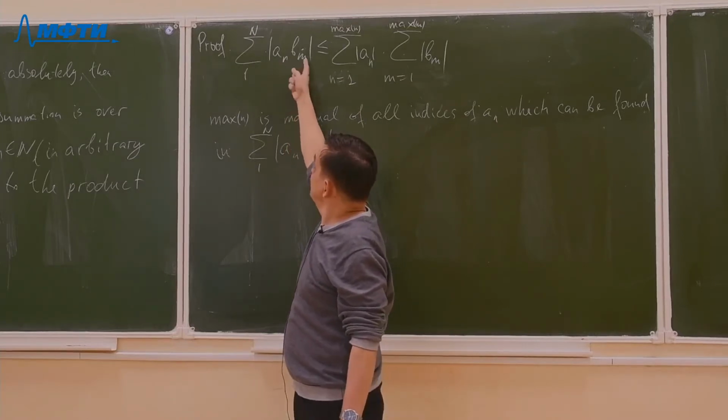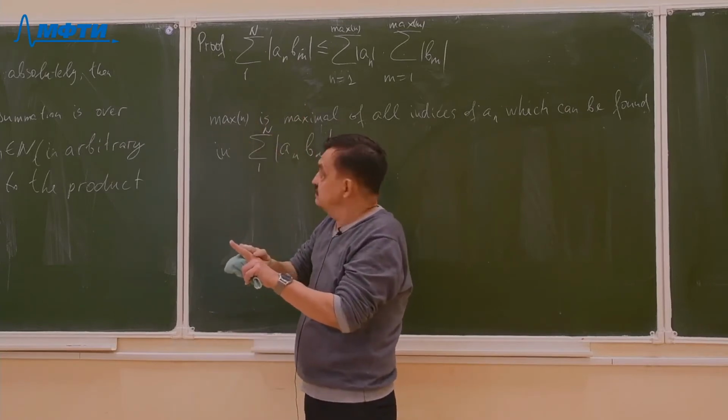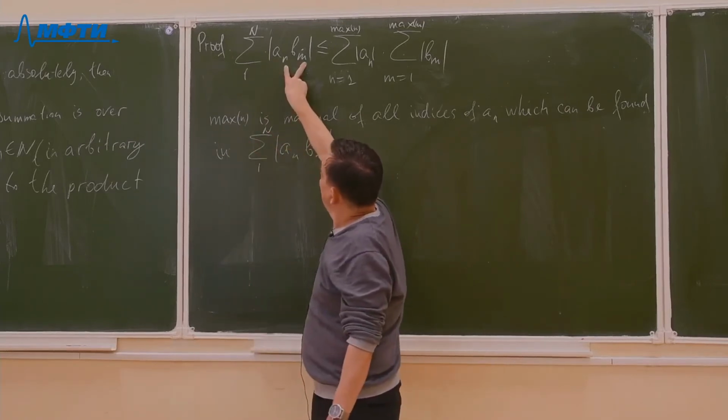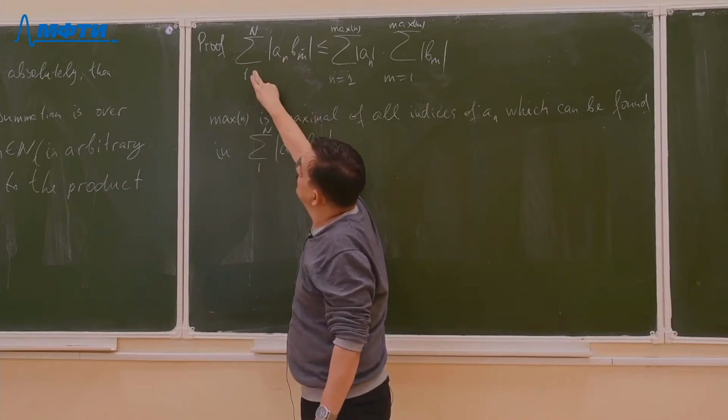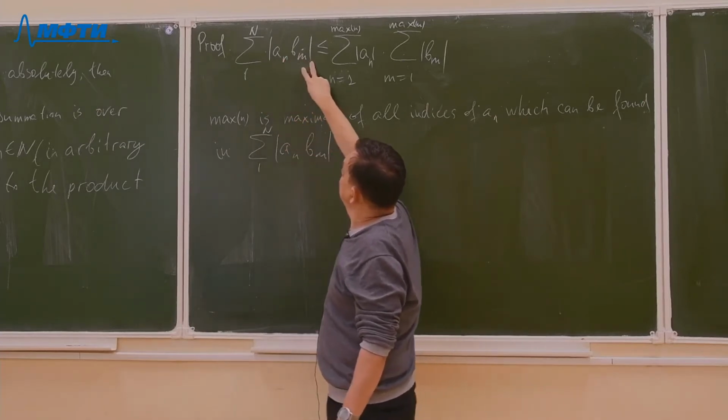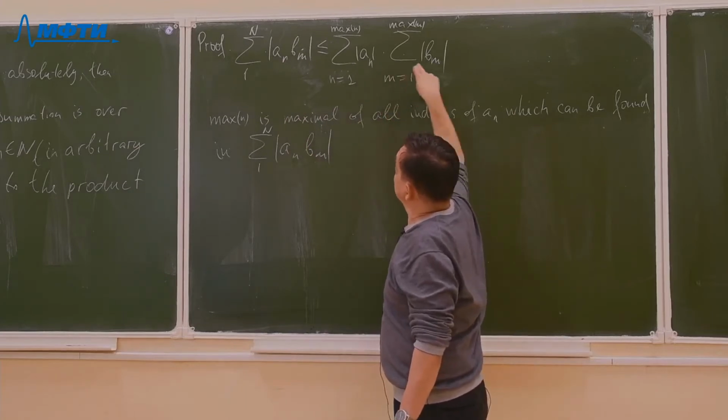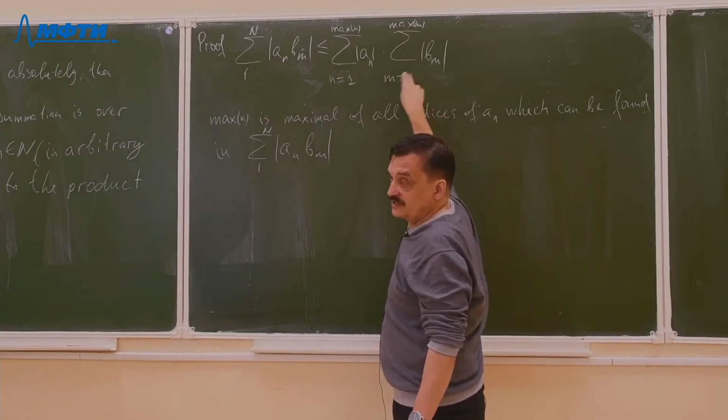So in the left hand side some pairs appear, and all possible indices which appear in the left hand side are taken into account in the right hand side.